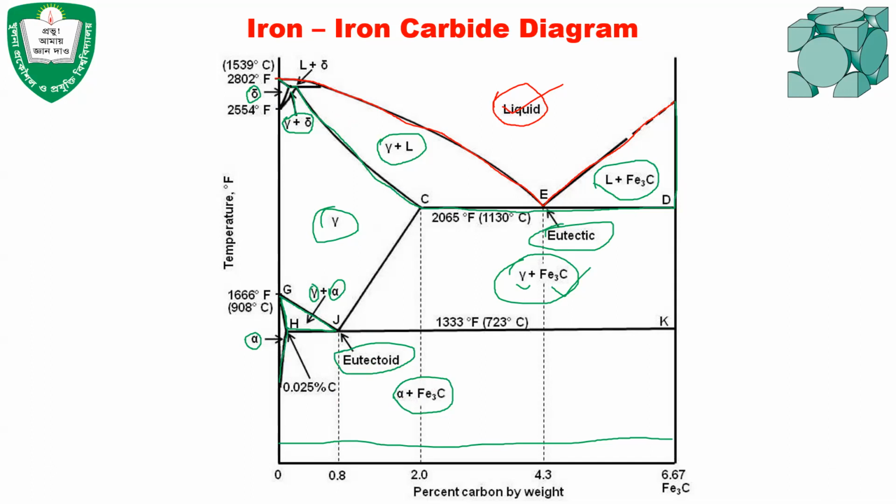Since this is also a horizontal line, this also indicates a reaction, that is the peritectic reaction: liquid and solid produce a different solid. Those are the reactions that take place in the iron carbide diagram. In the case of 6.67% carbon, the iron carbide actually melts at this temperature and then becomes completely solidified, and then it remains the same up to room temperature.